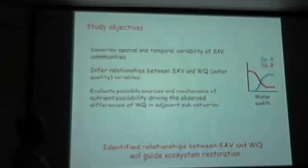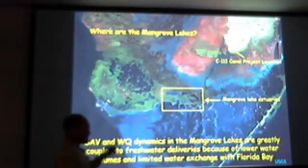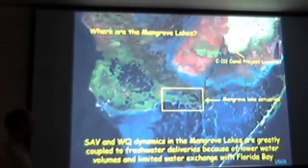Okay, so the mangrove lakes, as I said before, are located at the northern fringe of Florida Bay, at the southern end of the Everglades. These are the mangrove lakes within the square. These mangrove lakes are in the northern part of Florida Bay, above central Florida Bay.